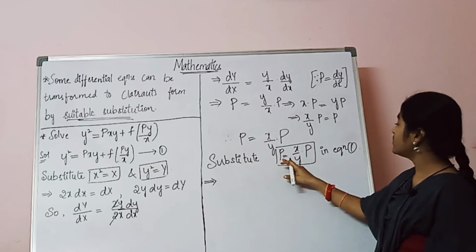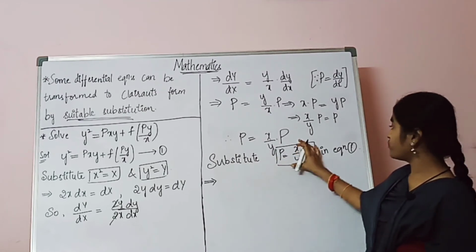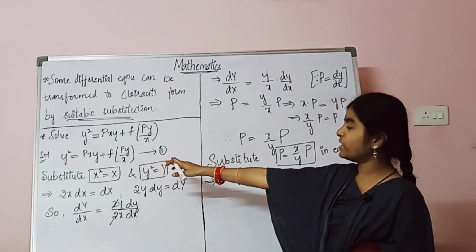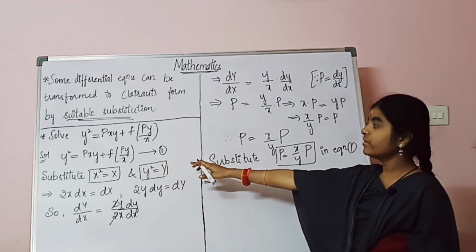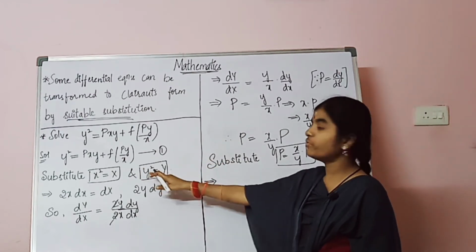Now substitute this P equals x by y into p in equation 1. We have to substitute this p value in equation 1. What is equation 1? y square equals pxy plus f of (py by x). So in the place of y square, what we have to substitute?